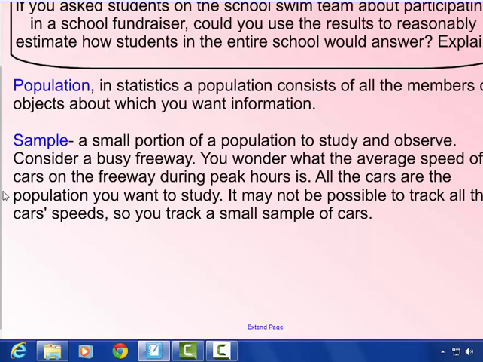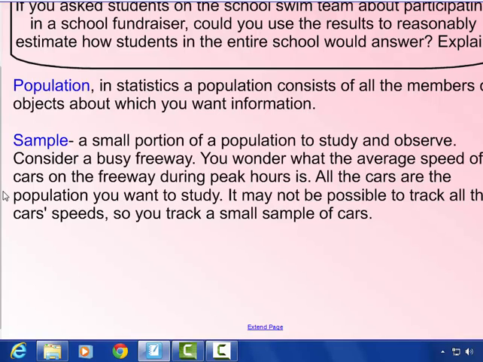Consider a busy freeway. You wonder what the average speed of the cars on the freeway during peak hours is. All cars are the population of what you want to study. All cars possible. It may not be possible to track all the cars' speeds, so you're going to track a small sample of cars.